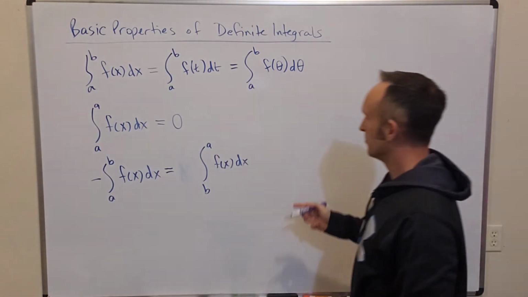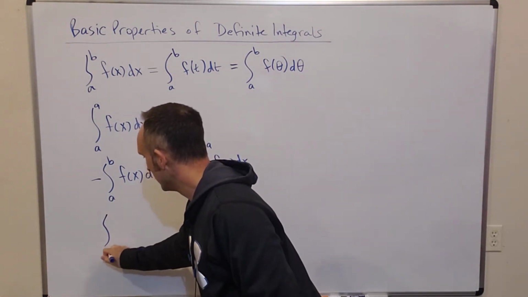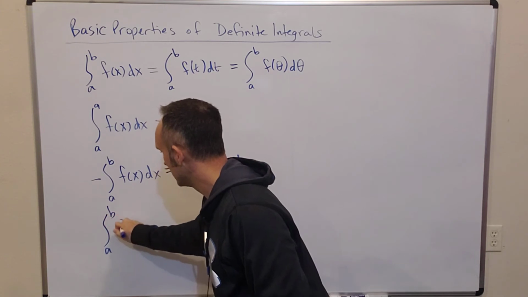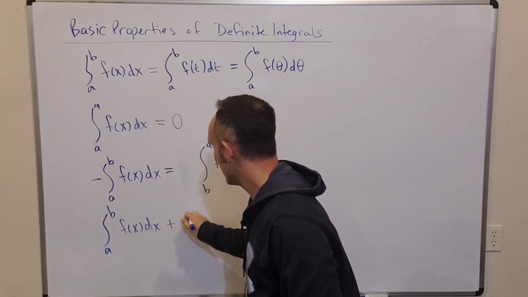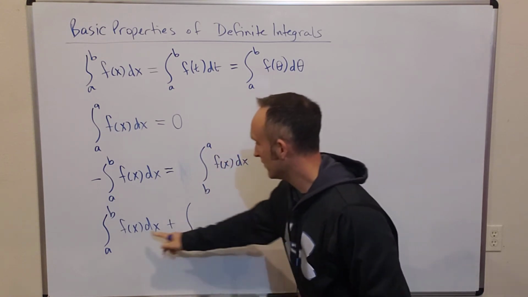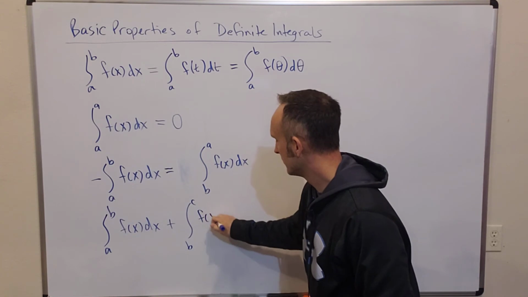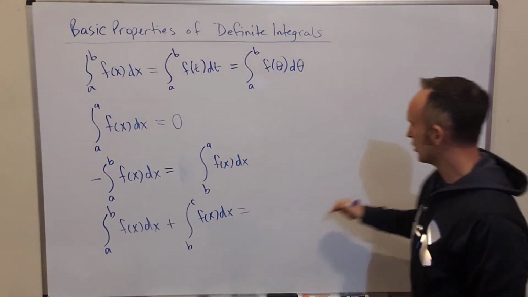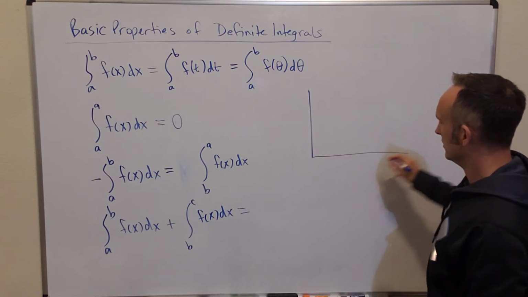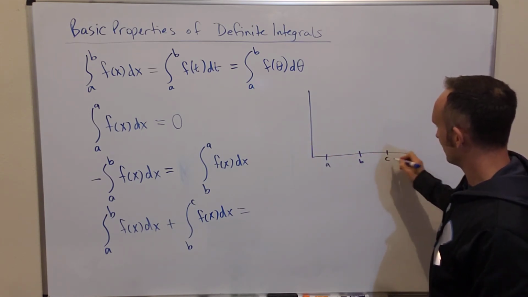Last, probably one of my favorites is if I take an integral of a function from a to b and I add to that the integral of the same function from b to c. So if you imagine what that looks like, let's draw a picture of that. Let's say this is a, this is b, this is c.